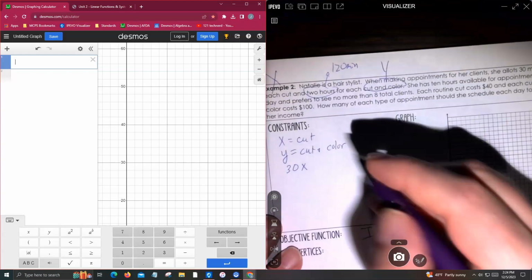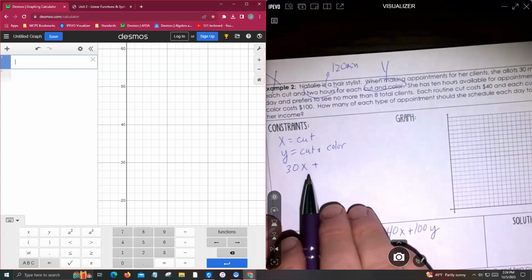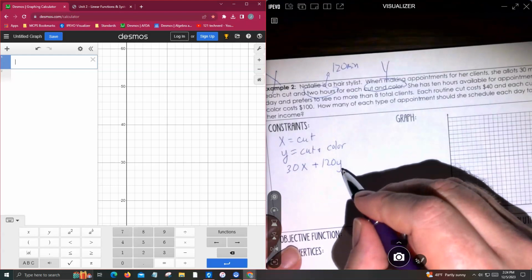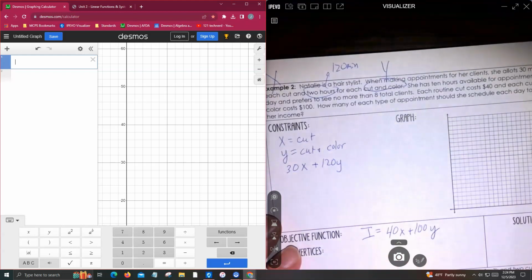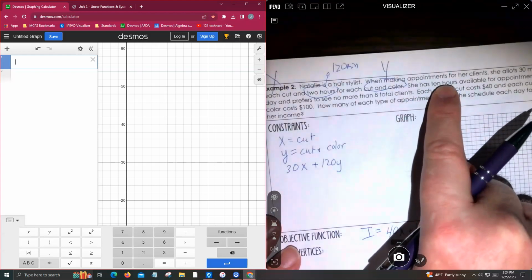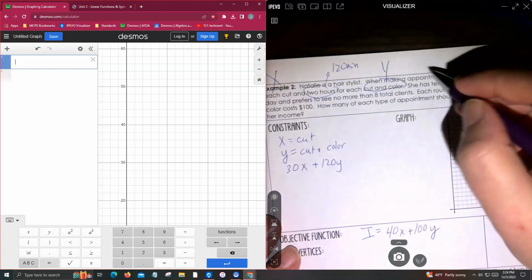So it's 30 minutes plus 120 minutes for every cut and color. But she is only available for 10 hours, which, I guess I should have changed to hours, but I changed it to minutes.